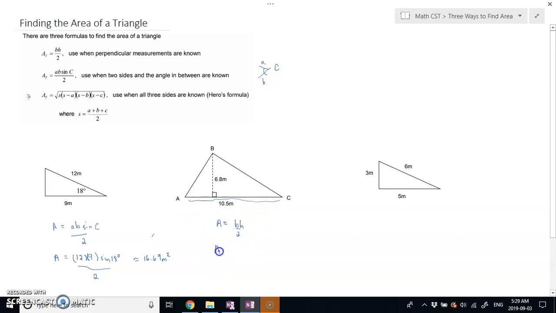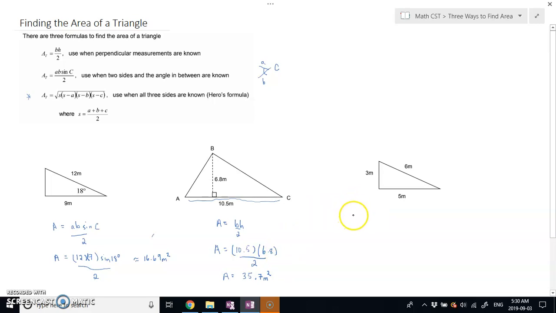And so here we go. 10.5, our height, 6.8, divided by 2. And that's 35.7. And don't forget to put your units, which is great.